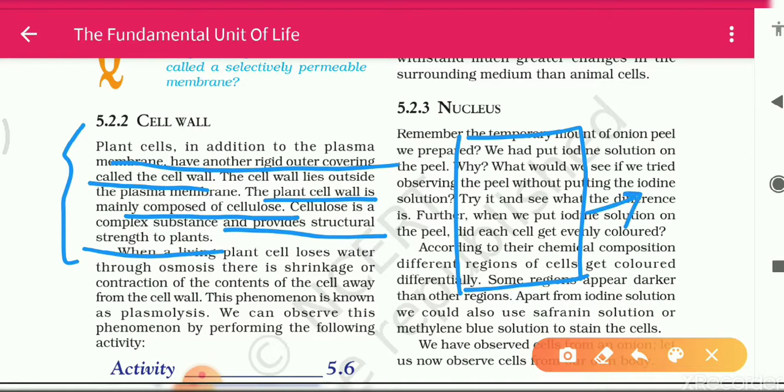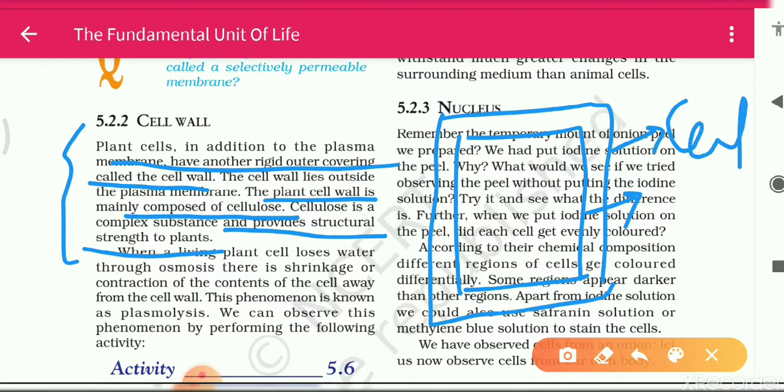Beside this plasma membrane, one more outer covering is present, which is very rigid, and this is called the cell wall. The composition of this cell wall is cellulose, and the function of this cellulose is that it can provide structural strength to the plant.